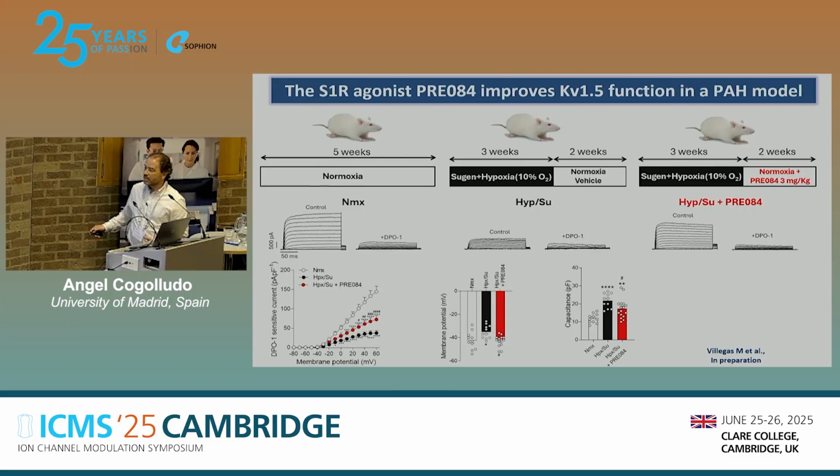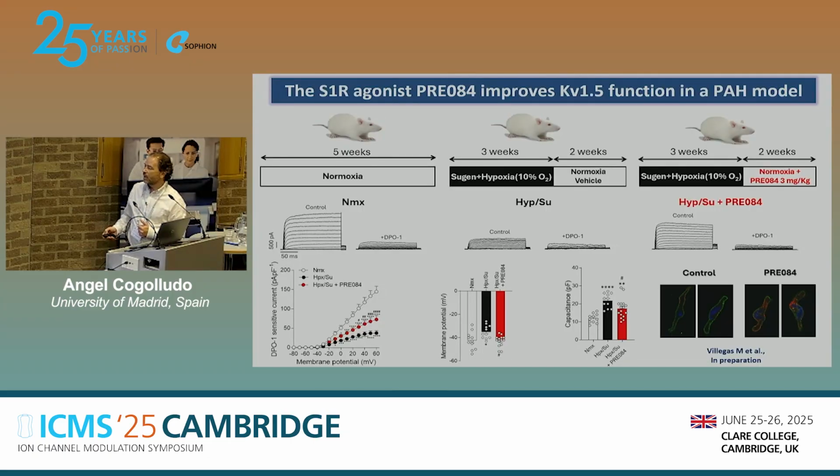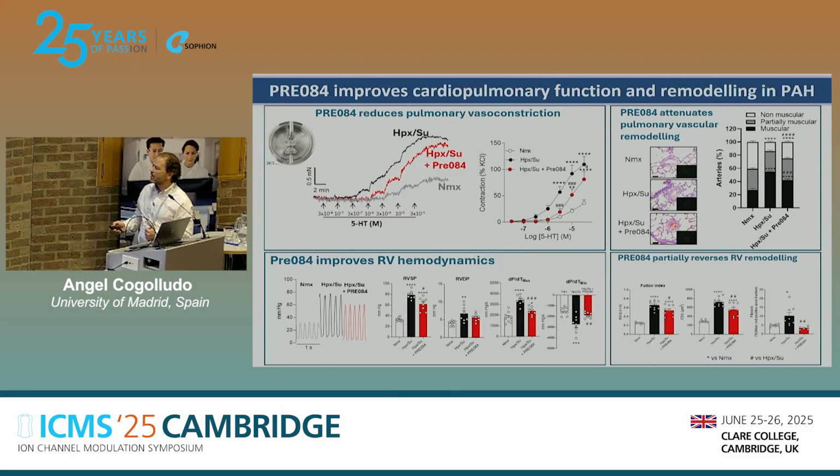This is associated with a hypertrophy of the smooth muscle cells, and this is also partially attenuated. We think that this is because the drug stimulates the trafficking of the channels to the membrane. I'm going to go through it quickly because I've seen David is just standing up.